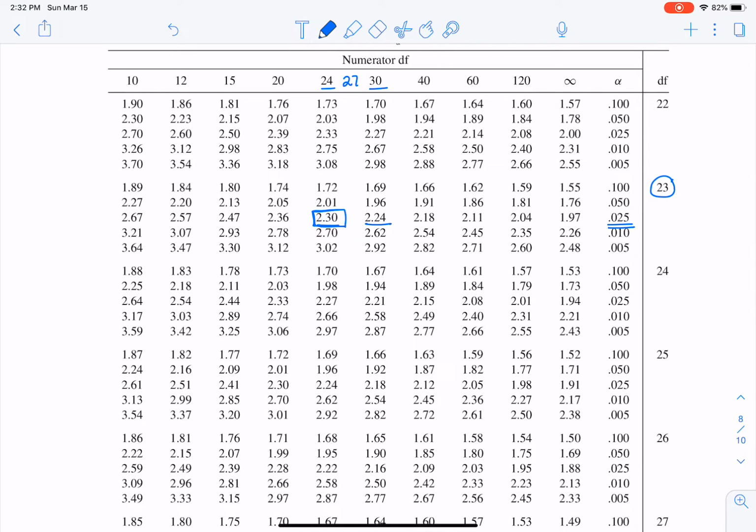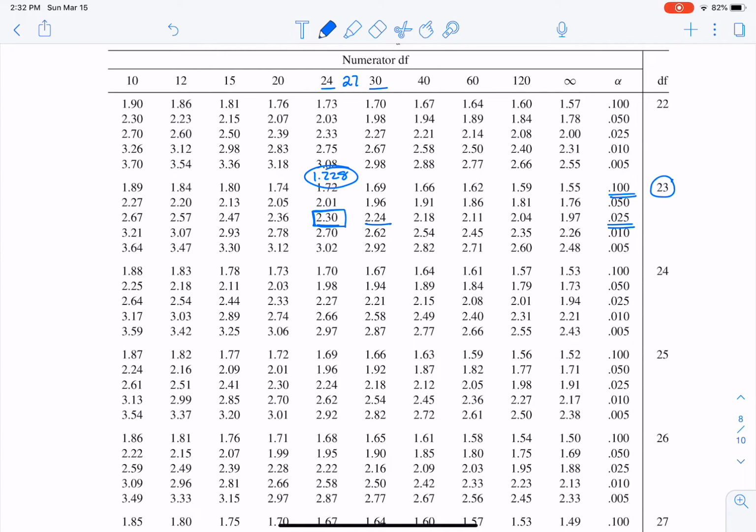Now, the F statistic that we calculated actually was 1.228, and so I'd have to look on this chart and see where that would be found. I noticed that alpha is 0.1 here, so 1.228 would be somewhere above that.